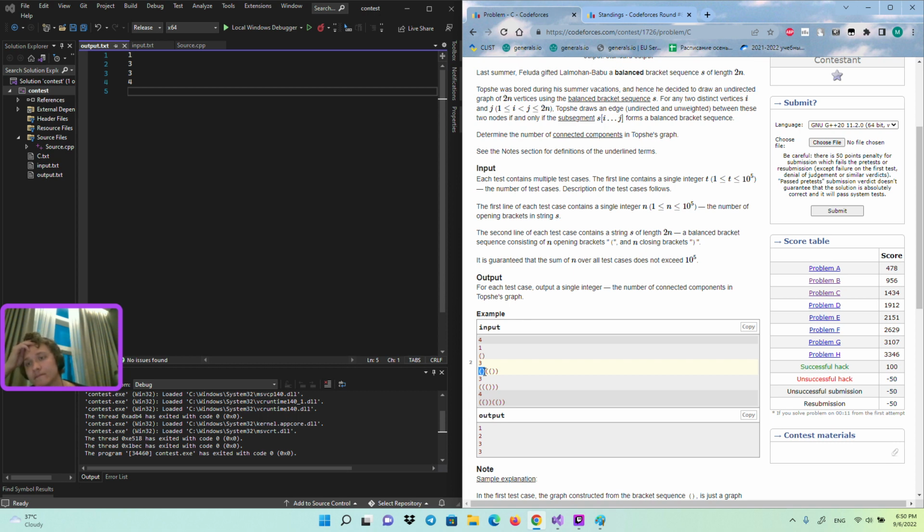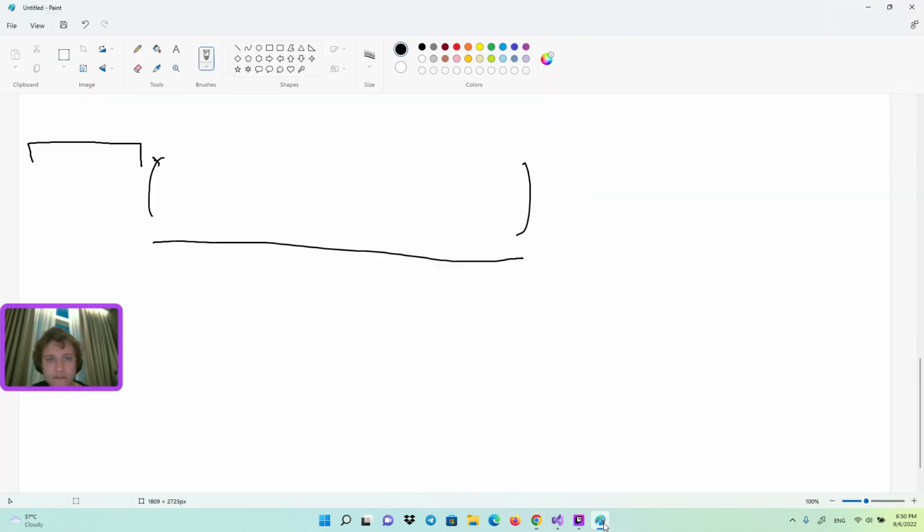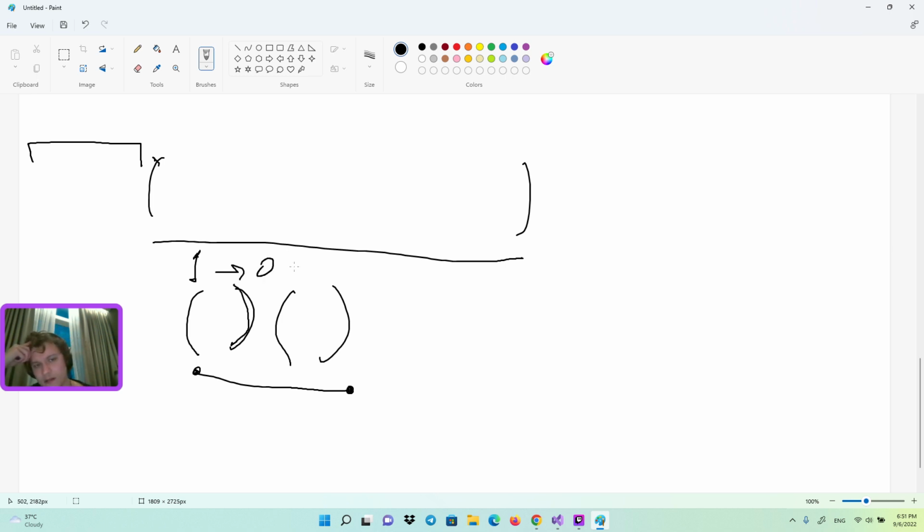Yeah. So, for example, in this case, I can connect these two brackets even though this is closing, so we reduced our balance back to 0. So here we have only one connected component.